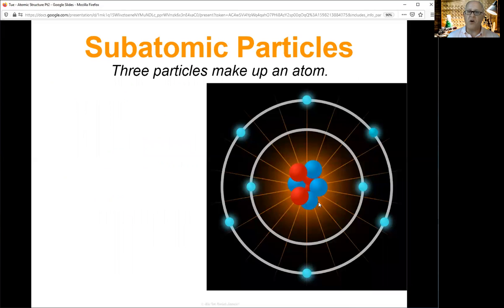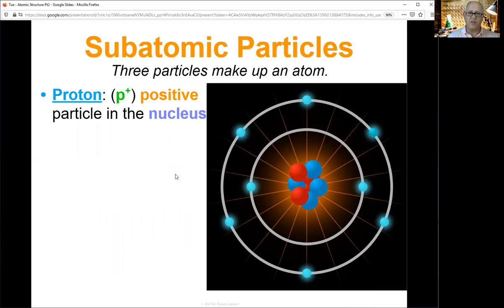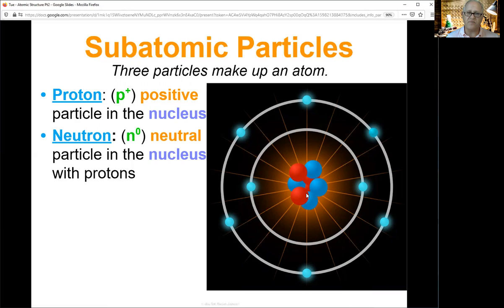Now, there are three particles that make up the atom, these subatomic particles, and we've been talking about them a little bit, but let's give them a little bit more detail and put these in for your vocabulary words as well. Proton, P with a superscript plus sign. That means it's positive. It's the positive particle in the nucleus.